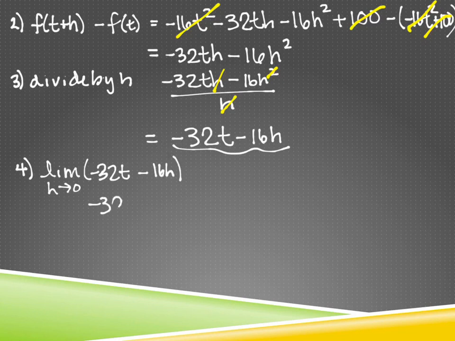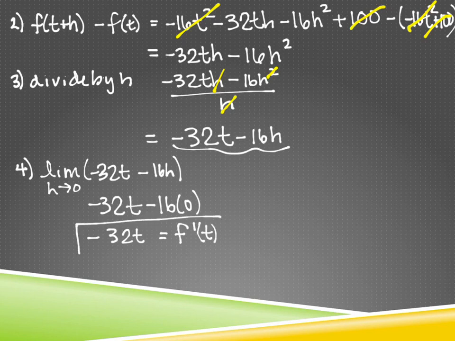And if I evaluate the h as 0, not the t, but the h as 0, I get negative 32t. That's f prime of t. That's the derivative of my equation. Any questions on that? Okay, we're going to do an interpretation step for part B.